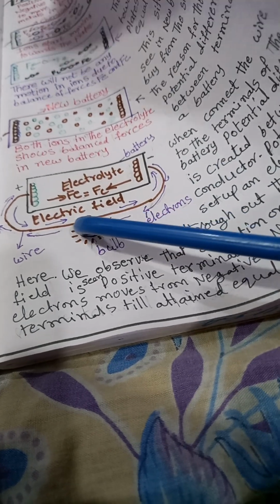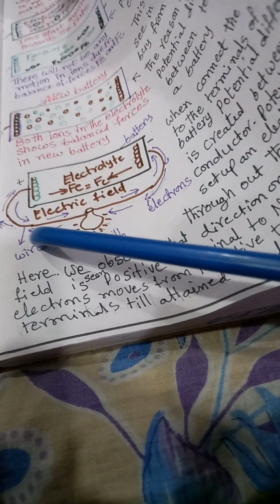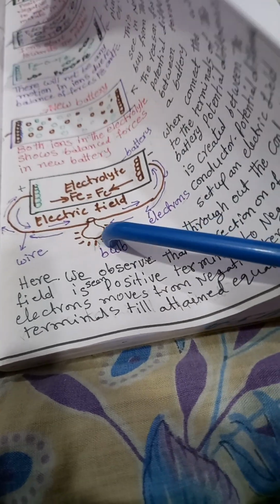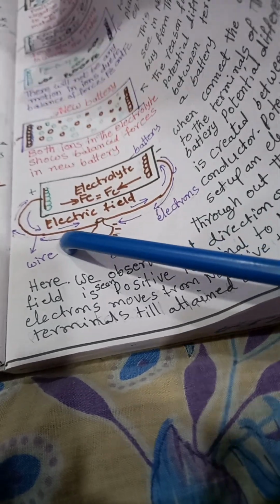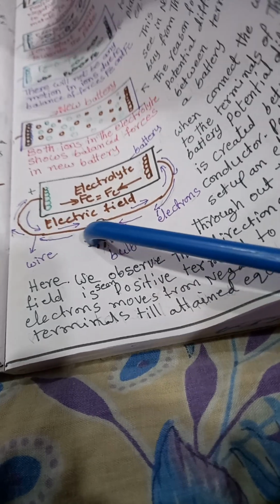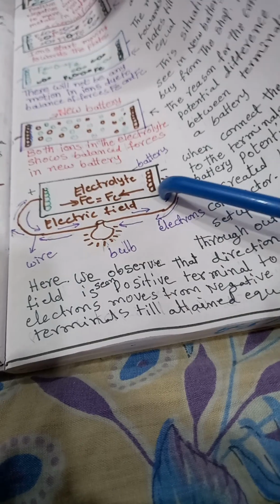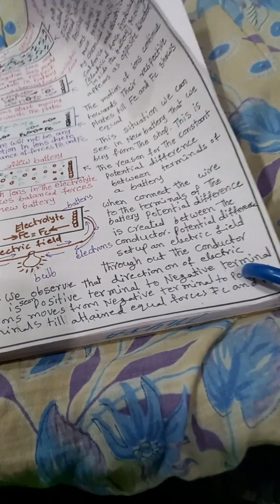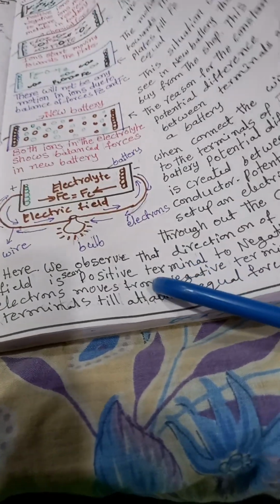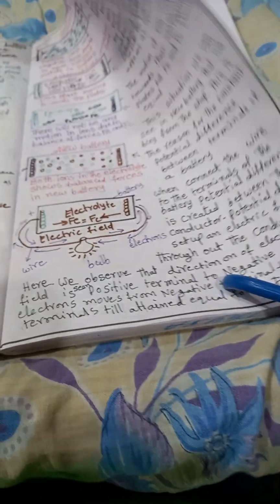So all these electrons go through from the negative terminal to the positive terminal. When these electrons pass throughout the wire, the electric field passes from the positive terminal to the negative terminal. So here we observe that the direction of the electric field is from the positive terminal to the negative terminal.